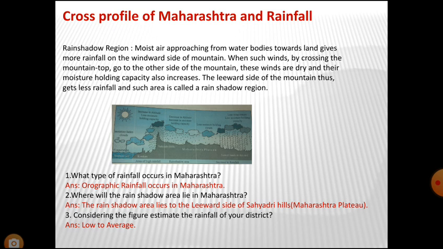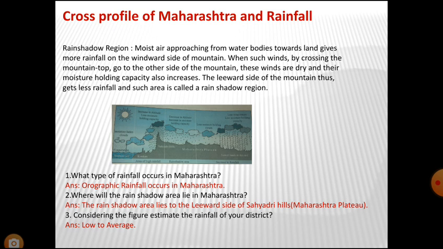Children, as I have explained the types of rainfall, in that we have studied orographic. Orographic means produced when moist air is lifted as it moves over a mountain range. As the air rises and cools, orographic clouds form and serve as a source of the precipitation, most of which falls upwind of the mountain range.